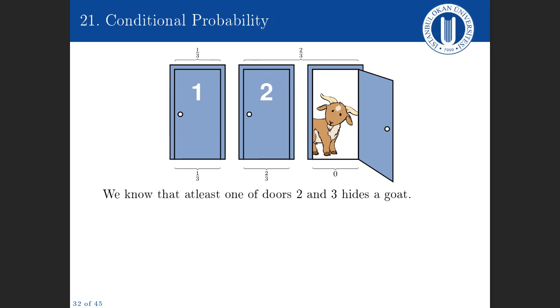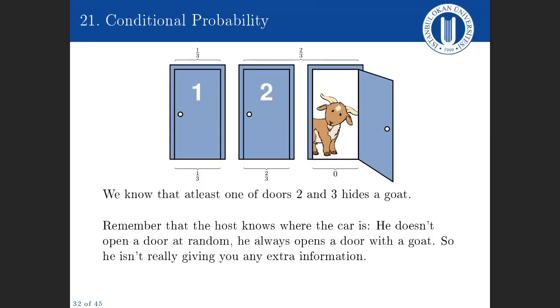So if the host opens a door and he shows us a goat, then he doesn't give us any extra information. The host always knows where the car is, so he doesn't open a door at random. He always opens a door with a goat. So really, he doesn't change anything. The probabilities don't magically change to a half and a half. They stay what they were before. They stay with 1/3 and 2/3.